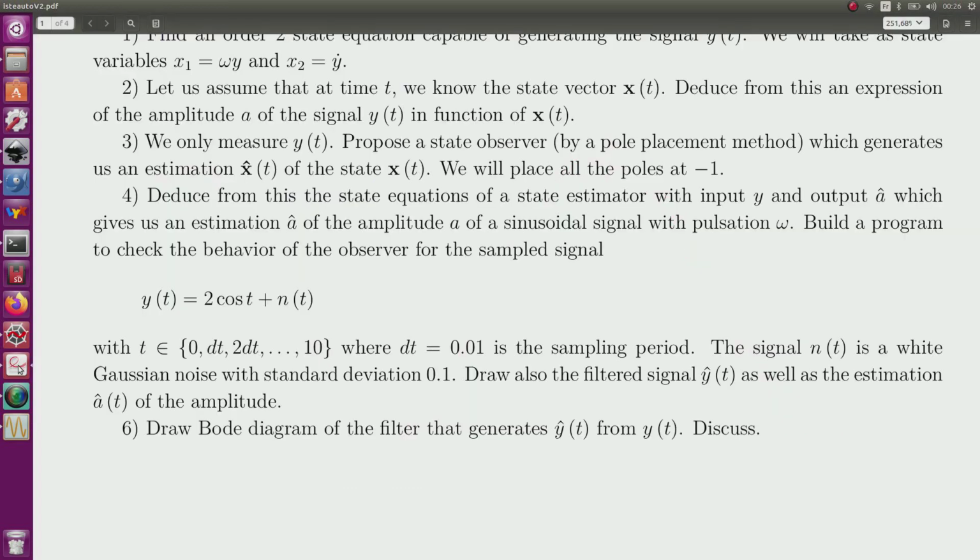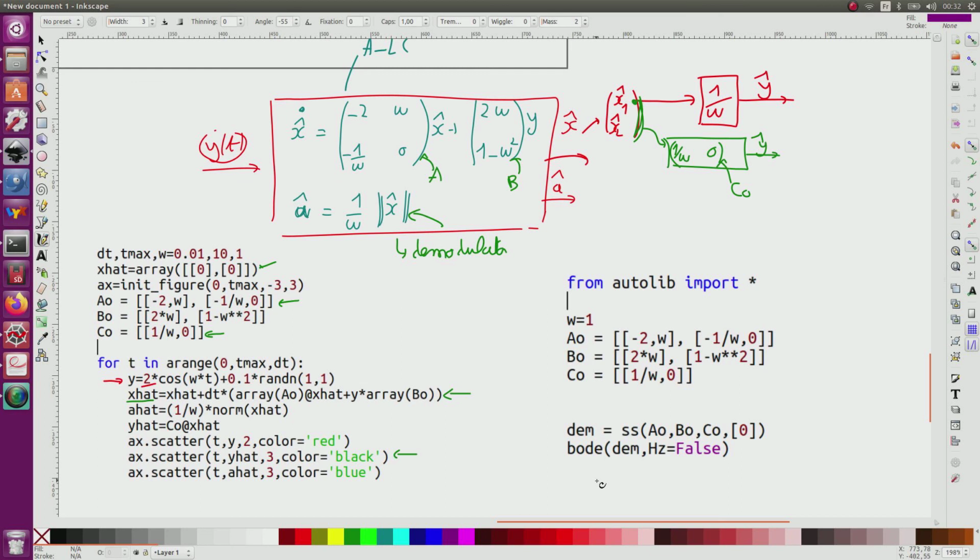Now the last question, I will try to draw the Bode diagram of the demodulator, and I will have to give an interpretation of what I obtain. So the filter is made with this differential equation, with the matrices A observer, B observer, C observer.